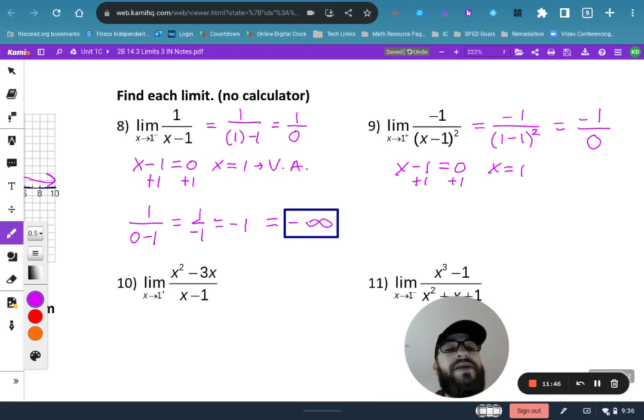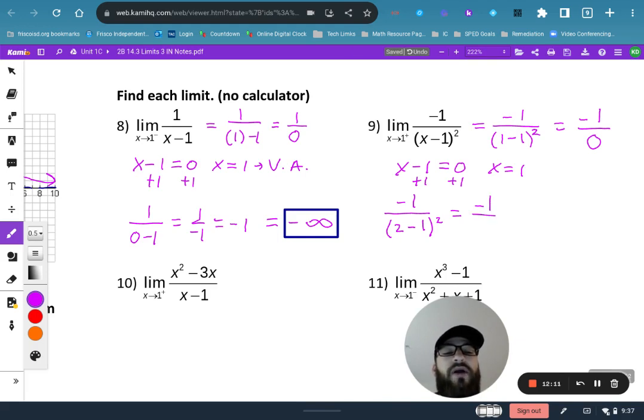Notice we have that little plus sign, which means we are approaching from the right. So I'm going to plug in a number to the right of 1. So a number just to the right of 1 is 2. So we can plug in 2. So negative 1 over 2 minus 1 squared is equal to, so 2 minus 1 is 1.